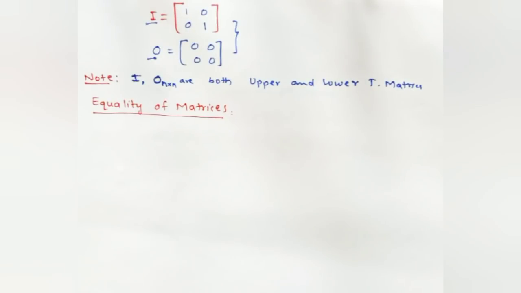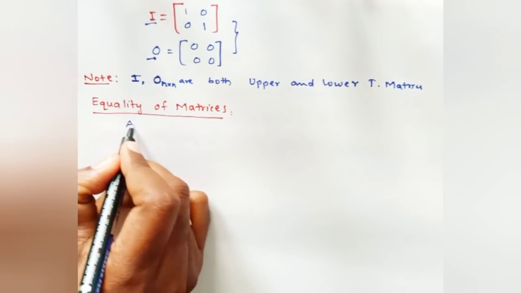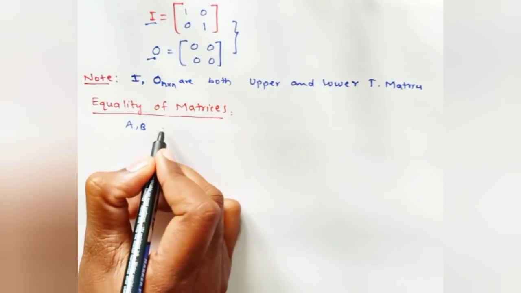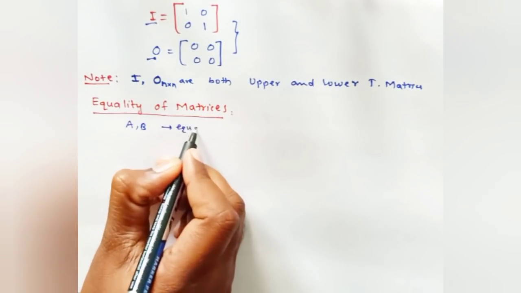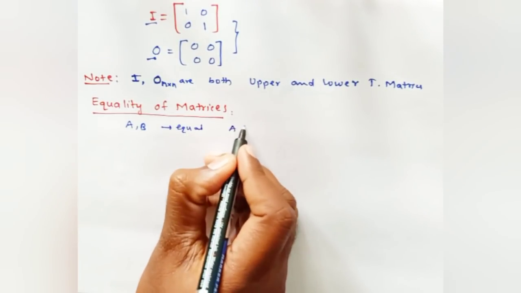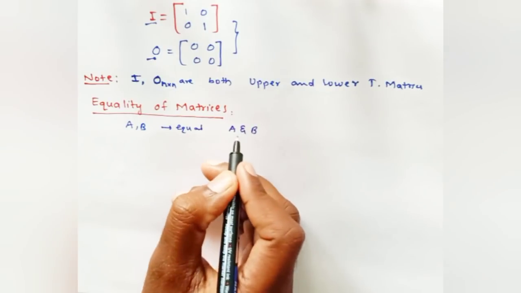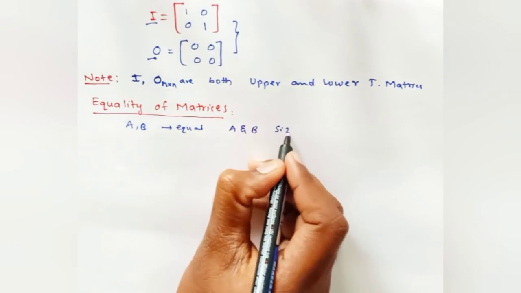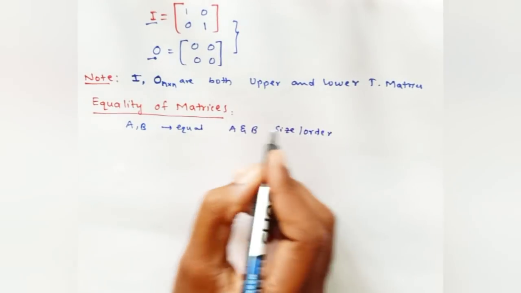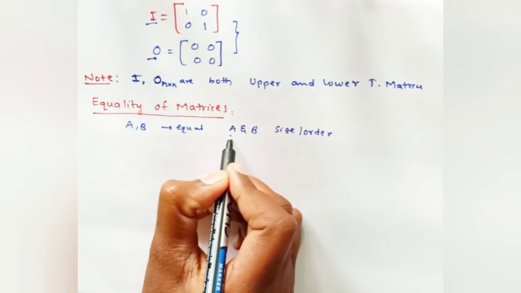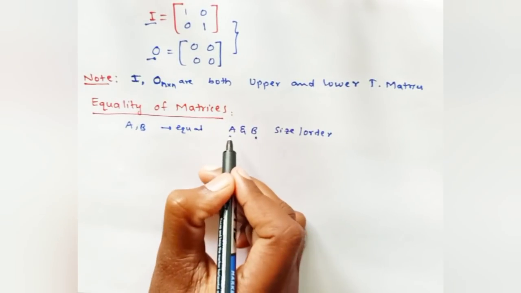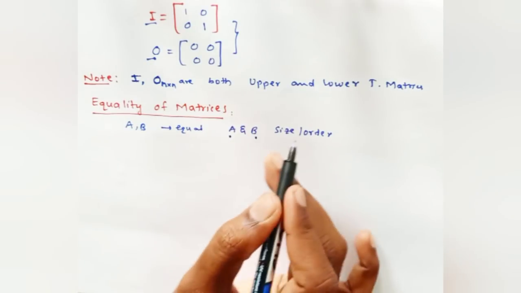Consider two matrices A and B. Two matrices A and B are said to be equal matrices if A and B are of the same size or order, and the corresponding elements of A and B are equal, meaning both matrices are the same.